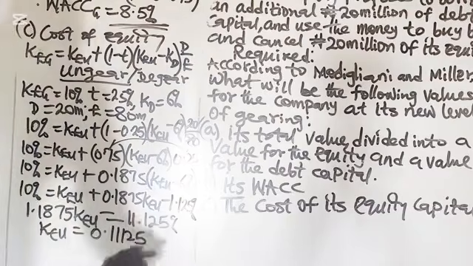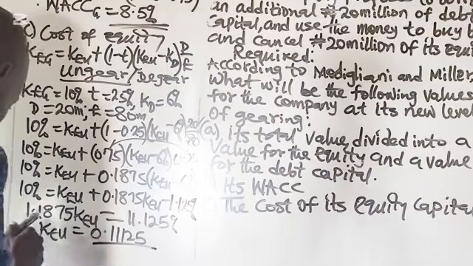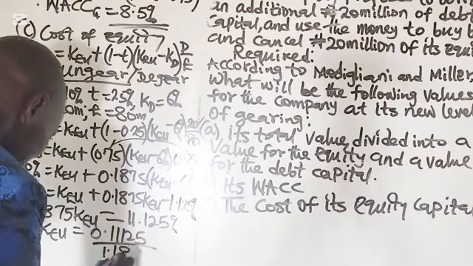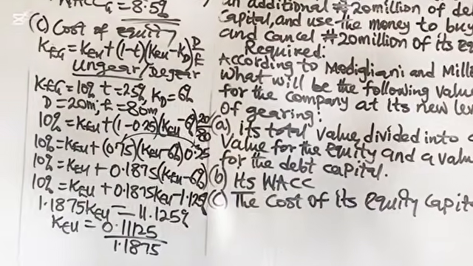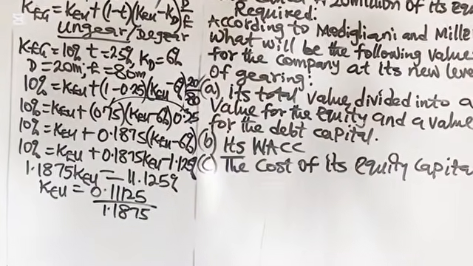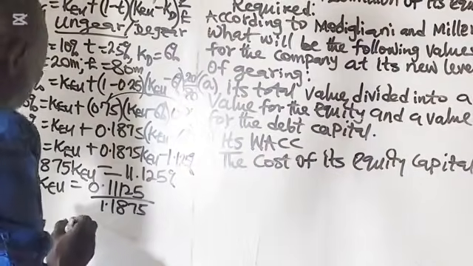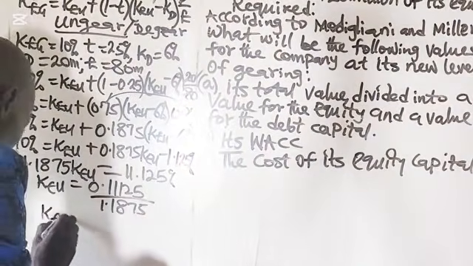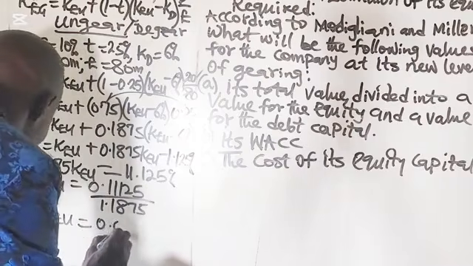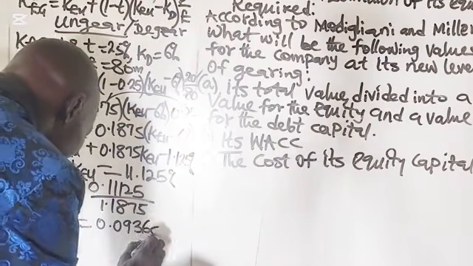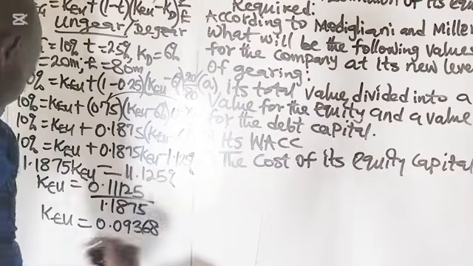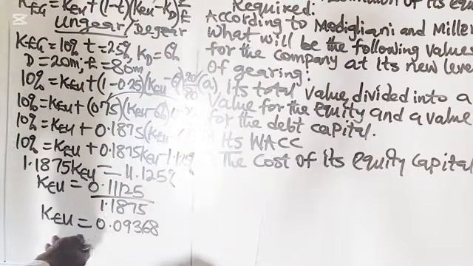I converted the percentage to decimal, divided by 1.1875. So we have Q equals 0.093684 and so on.